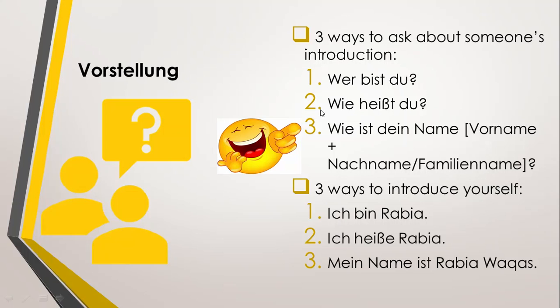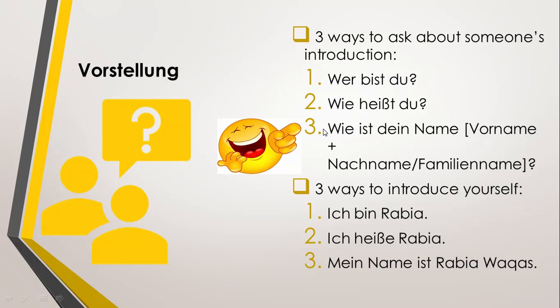So the first way to ask is wer bist du? So if somebody asks me this question, I can answer as Ich bin Rabia. Alternatively, the question comes with the question wie. So wie heißt du?